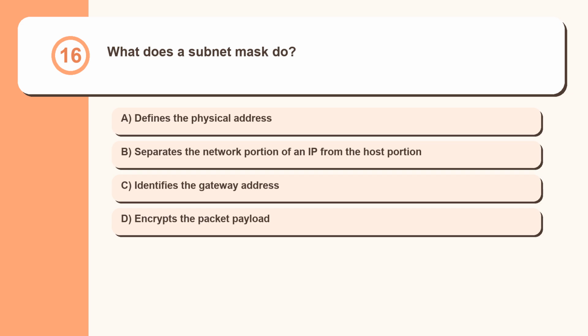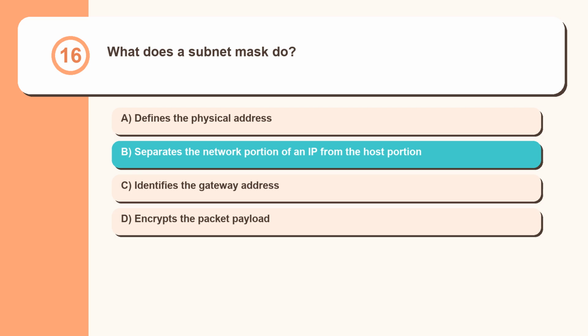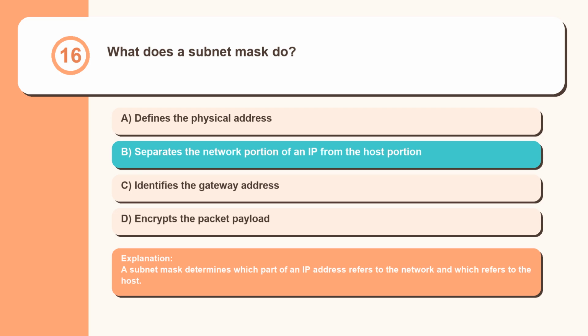Question 16. What does a subnet mask do? Defines the physical address, separates the network portion of an IP from the host portion, identifies the gateway address, encrypts the packet payload. A subnet mask determines which part of an IP address refers to the network and which refers to the host.